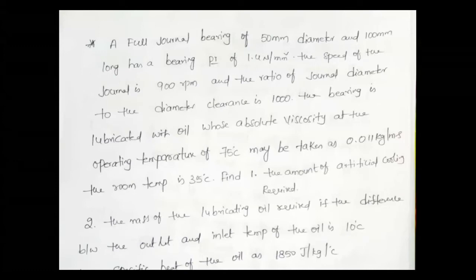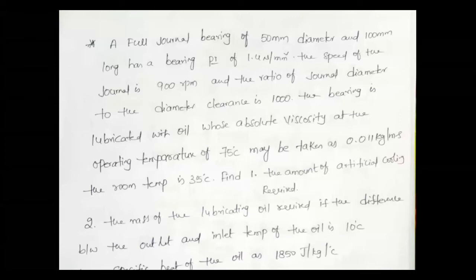Right. Next, the absolute viscosity value is given at an operating temperature of 75 degrees centigrade. Operating temperature means T0. At the operating temperature T0 of 75 degrees centigrade, you have the absolute viscosity Z value as 0.011 kg per meter second.